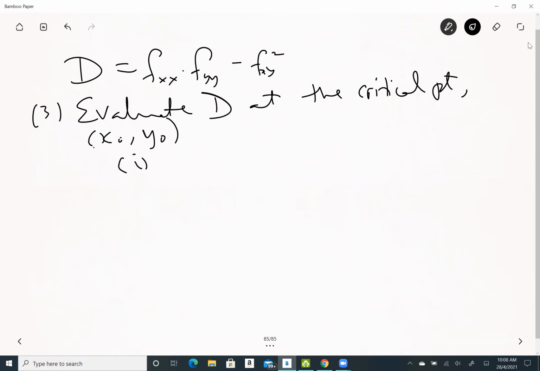So if the D is positive, we'll say here D at the critical point x0, y0 is positive.